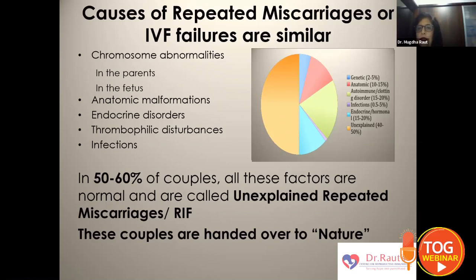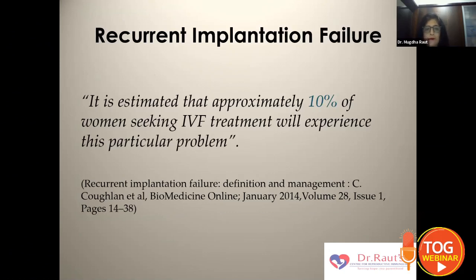Endocrine or hormonal can account for 15 to 20%. And the large orange group, about 50 to 60%, are unexplained. We do not have an answer in majority of the cases, and this couple is then left to nature.